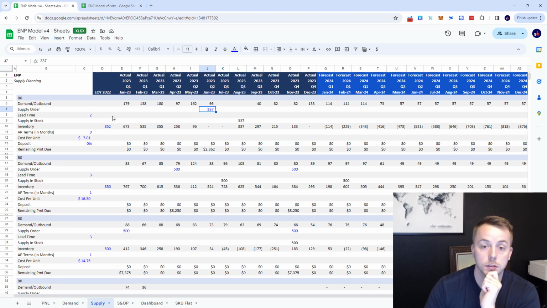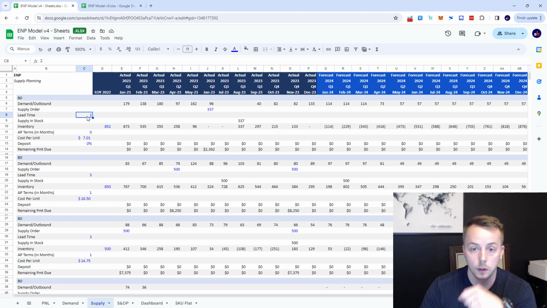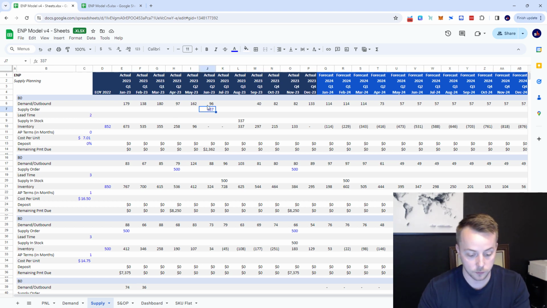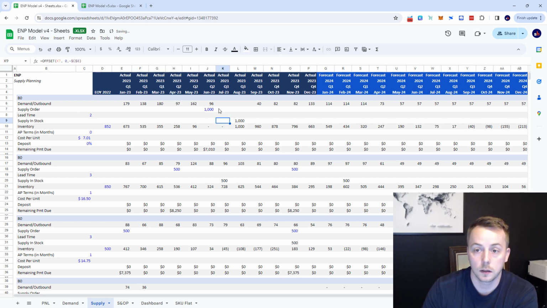So how this works is, you put your end of year inventory in. So end of year 2022 had this much inventory of this unit. The lead time for ordering a unit. So this is where you put your order. So if we placed an order, say for 1,000 units, there, in 2 months, that's when those units would arrive in inventory here.